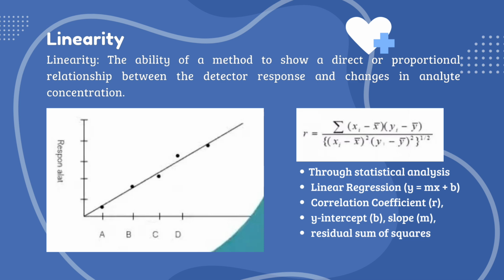Then we see if the concentration is increased, how much the absorbance response changes, linear or not. In this picture, it can be seen that there are several points that deviate from the linear line, which means there are some substance concentrations that do not match what they should be. Then, a linear regression equation can be used to determine the correlation coefficient, or the value of R.